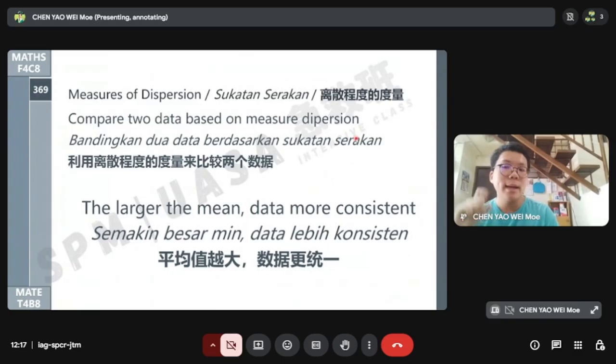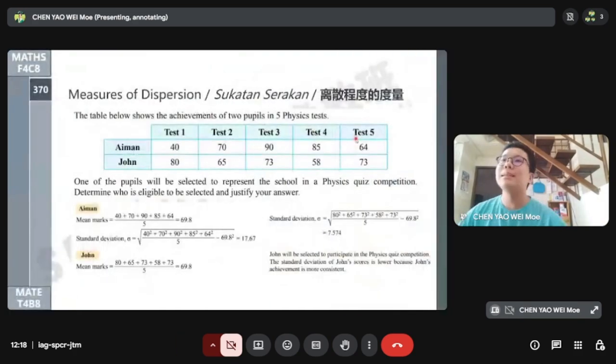We have one example. You see here, the table shows the achievements of 2 pupils in 5 physics tests. Kita tengok sini, kita ada 2 orang, sudah buat ujian, 5 ujian.